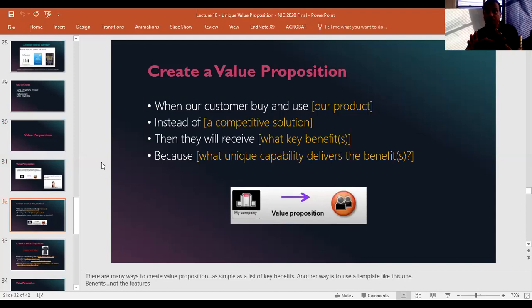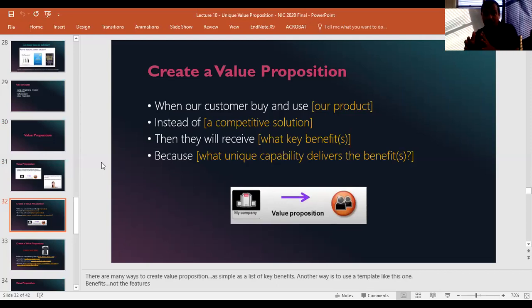So this is a template, and it looks like: when our customer buys and uses our product, instead of a competitive offering or competitive solution, they will receive a bundle of benefits. What do key benefits mean? They will receive a bundle of benefits because of what unique capability delivers those benefits.